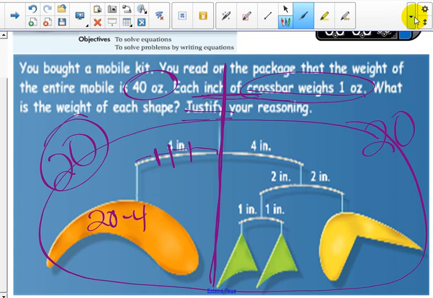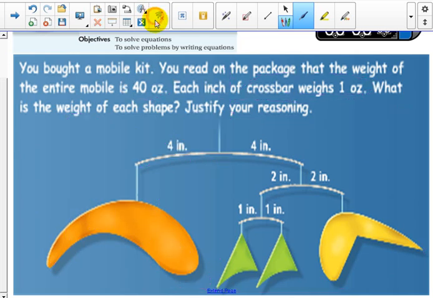Okay, so now that we're coming back to this, we did decide that this shape is 16 ounces because you divide it in half. The whole thing's 40 ounces, divide it in half, take off the 4 ounces for 4 inches of the crossbar, so that's 20, which is half the weight, minus 4, which is 16.